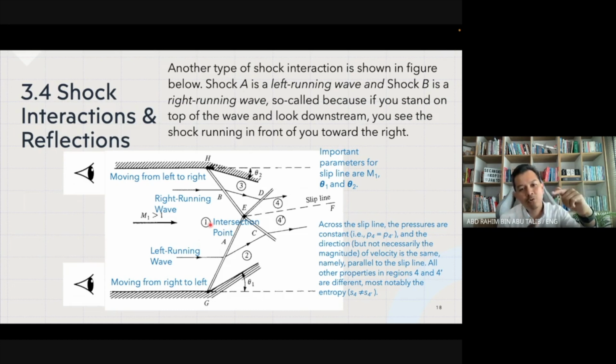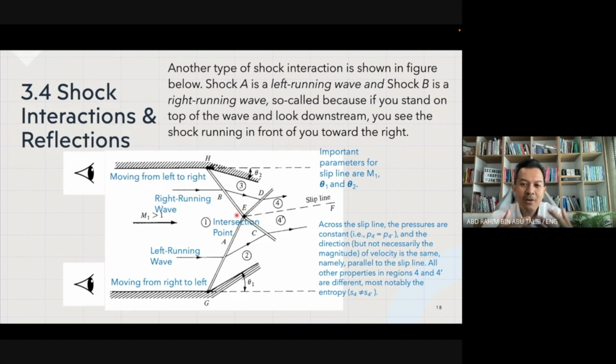So you have a shock being developed above from left to right, and the other one is from right to left. Where the two shocks intersect, there's an intersection point.